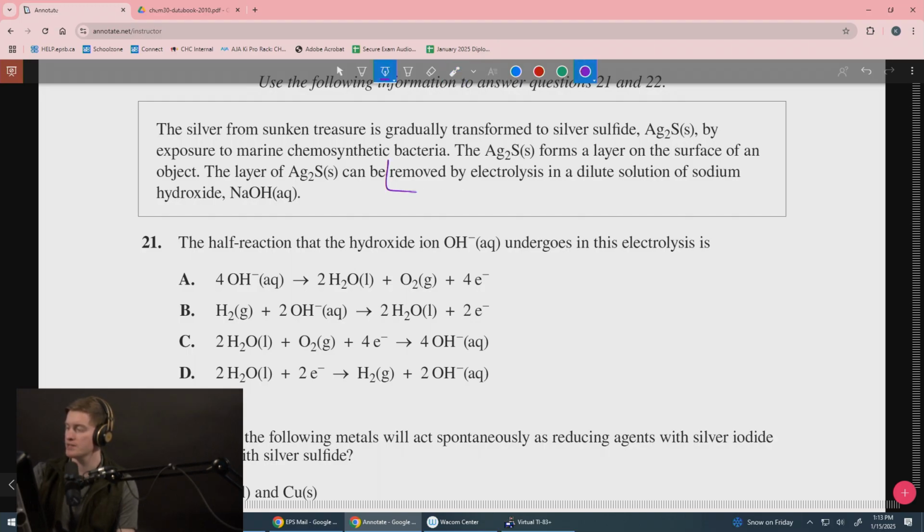If we are removing something by electrolysis, it means that we have an electrolytic cell. Which, if we have an electrolytic cell, it means that our oxidizing agent is below our reducing agent here. The half reaction that the hydroxide ion undergoes in this electrolysis is what?